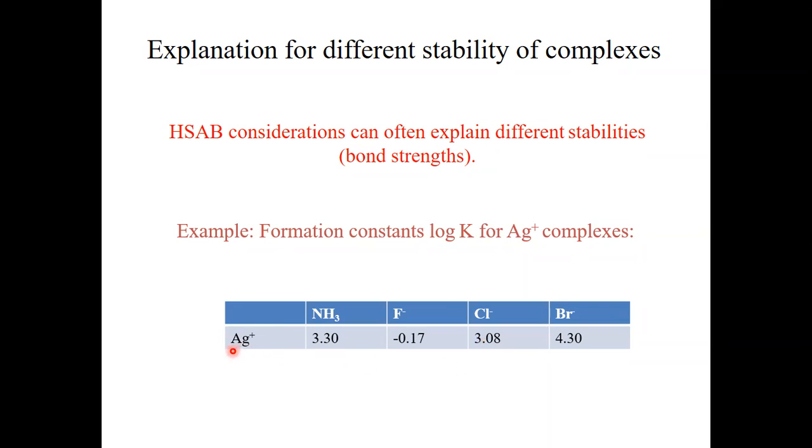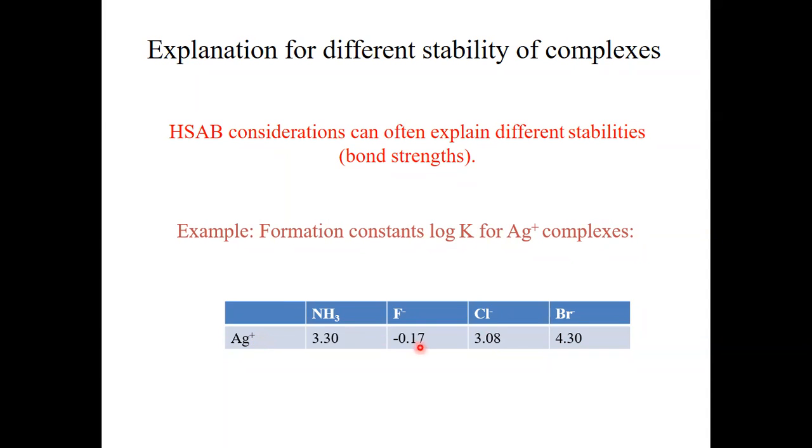So the silver plus is a soft cation. So we would expect that it makes the strongest interaction with the softest ligand, which is in this case the bromide anion. And accordingly, the stability constant K is the highest for this combination.